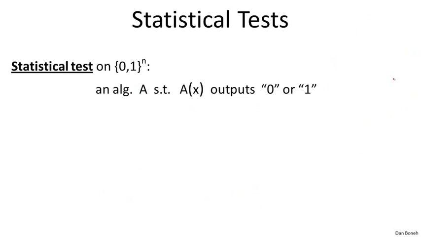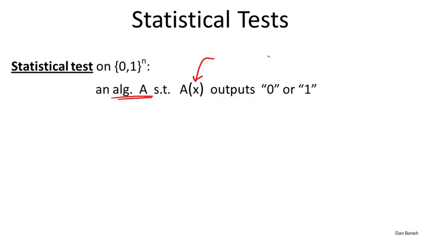So to understand how to define this concept of indistinguishability from random, we need the concept of a statistical test. Let me define what a statistical test on {0,1}^n is. I'm going to denote these statistical tests by the letter A. A statistical test is an algorithm that takes as input an n-bit string and simply outputs 0 or 1.